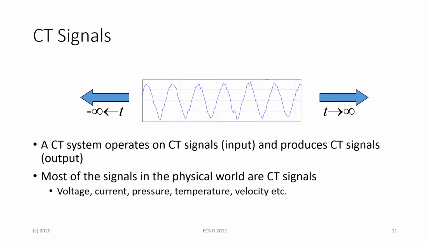Continuous time signals will also be processed by a continuous time system. And as such, in doing this processing, we tend to focus on only continuous time transforms for these signals. For instance, the Laplace transform is used for only continuous time signals.